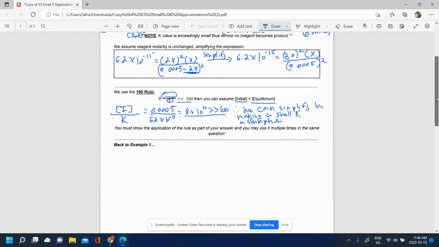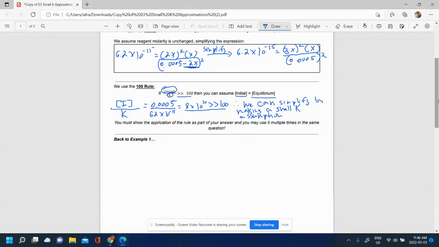So let's continue with example 1. We were able to make the assumption. Let's just continue with our process here. So we had said that we had 6.2 times 10 to the power of negative 15 is equal to 2x squared times x, over, we removed the minus 2x because we were able to make the assumption, so over 0.0005 squared.